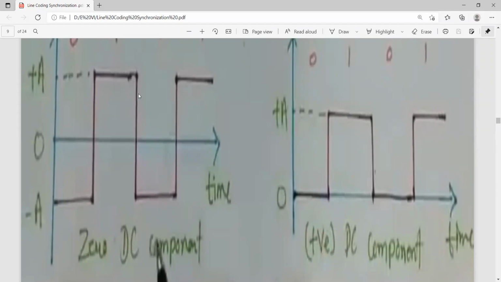So there is no zero level voltage in this, only a sudden hike from negative to positive or positive to negative.